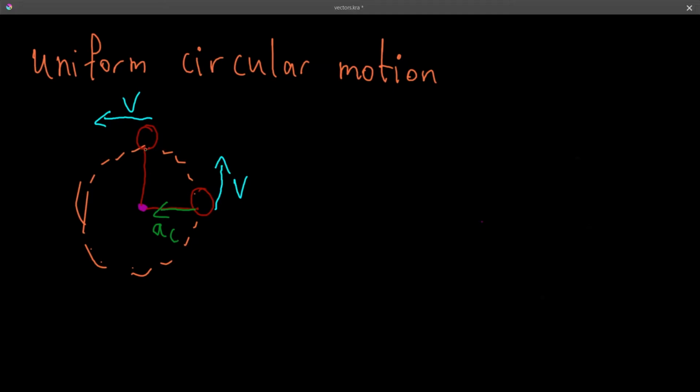At the point up here at the top, the acceleration is pointed directly towards the center again, a centripetal, no matter where you took it. If you took this point right here, its acceleration is always towards the center. So this is a centripetal.